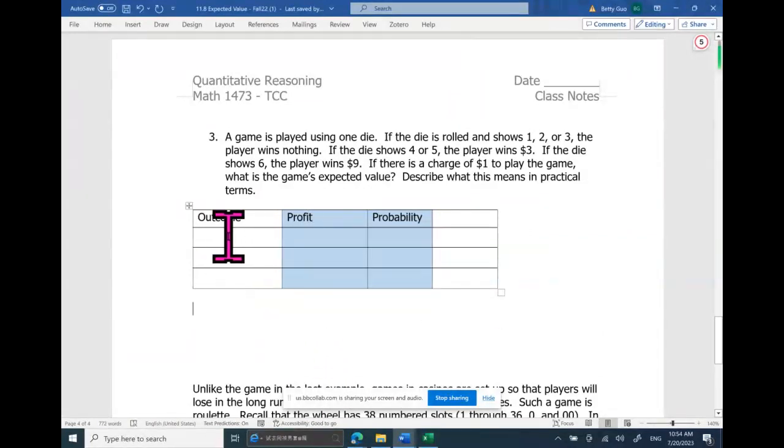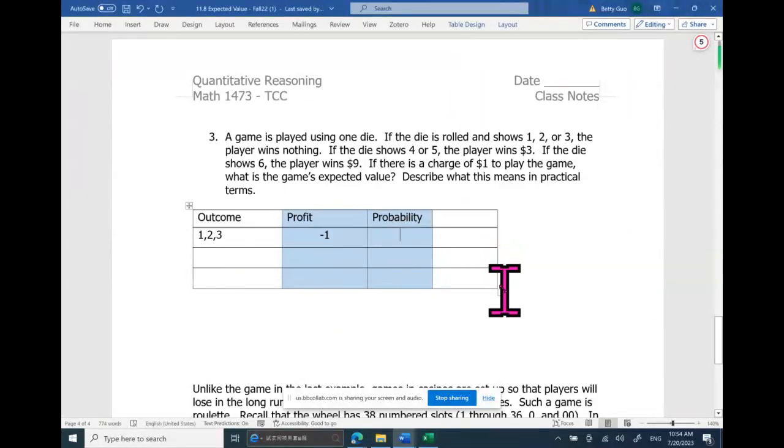So the first column is the cases or the possible outcomes. So if you roll a die one time, okay, you play the game one time. If you roll the die and you got a 1 or 2 or 3, then how much you gain? How much you win? The player wins nothing. Not just nothing, you lose $1.